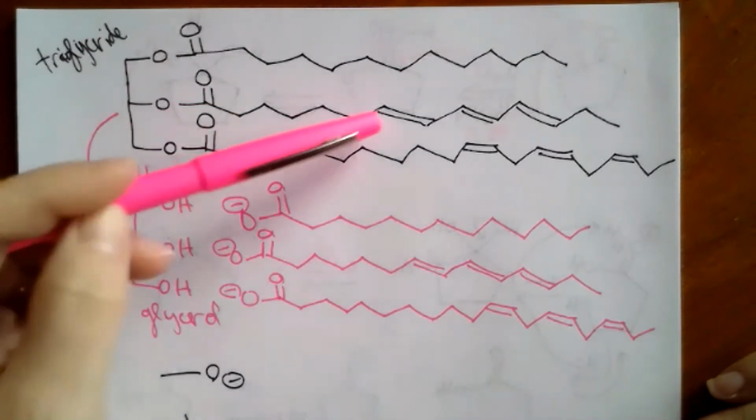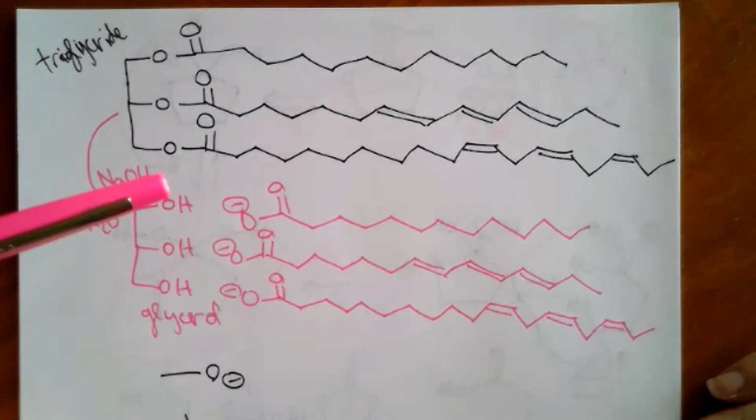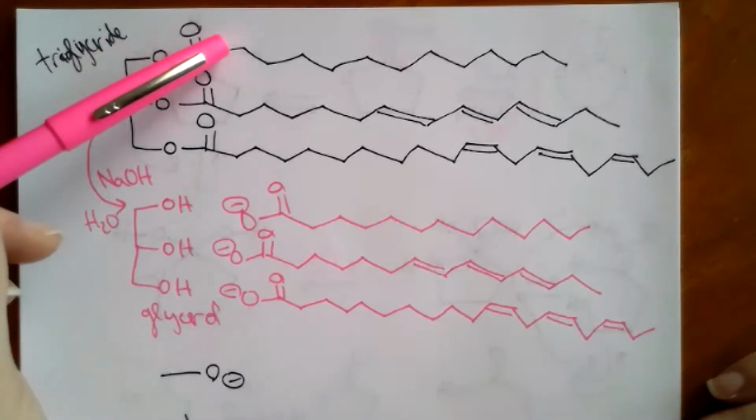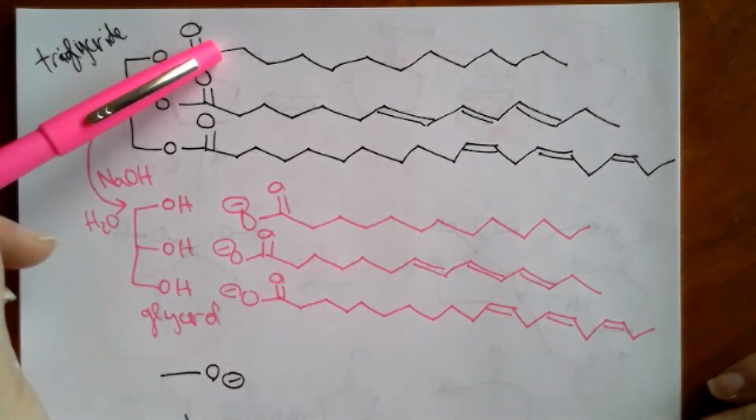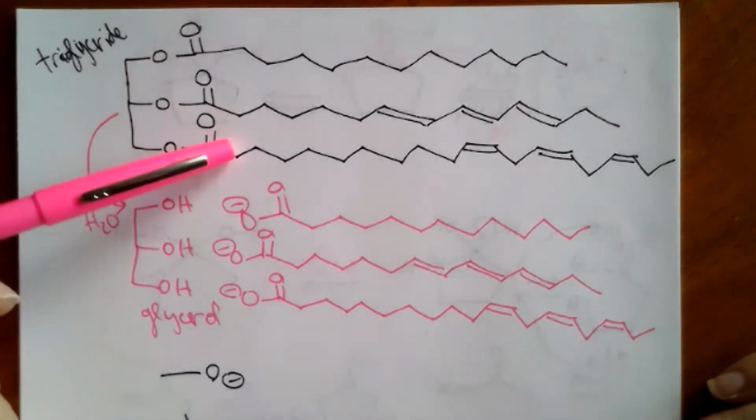These 2 guys have unsaturated chains, potentially liquid at room temperature. So many oils have unsaturated chains. Saturated chains are things like butter and lard, animal fats, pork fat, bacon fat.